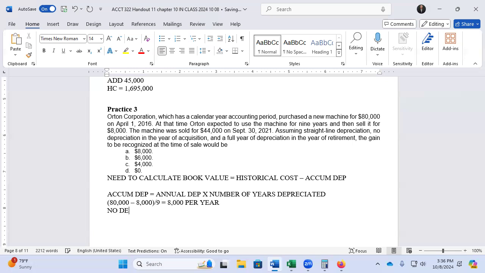So it says no depreciation in 2016. So we had depreciation in 2017, 2018, 2019, 2020, and 2021.